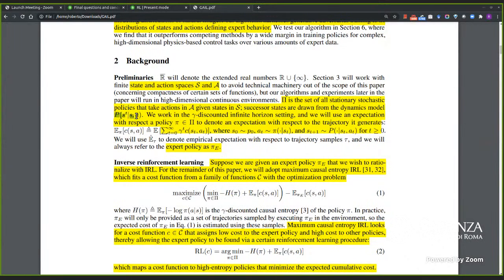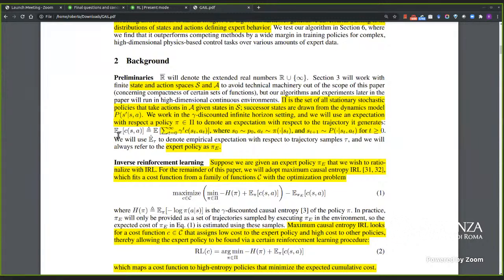This is the transition function. And we work in the gamma discounted infinite horizon setting. So they use gamma because of that. And they will use an expectation with respect to a policy pi belonging to this set of stochastic stationary policies to denote an expectation with respect to the trajectory that it generates.